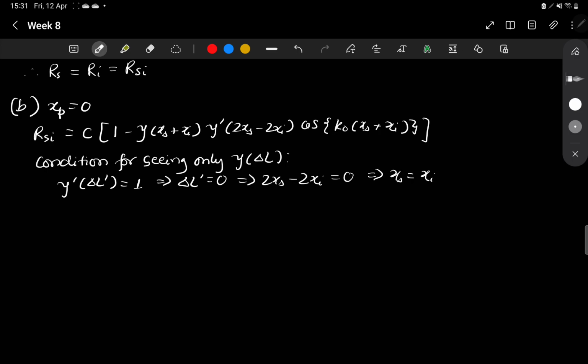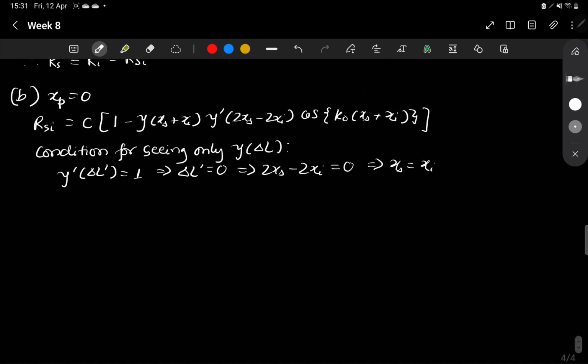So we come up with this particular expression, that is xs equals xi. This means that we will move the mirrors in same direction by equal distance.